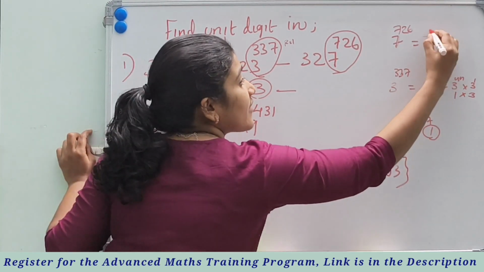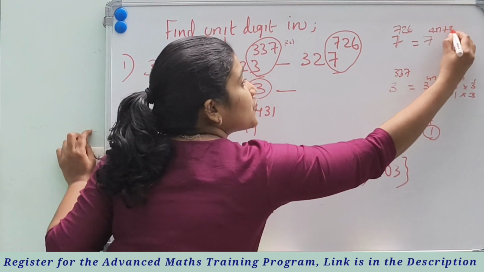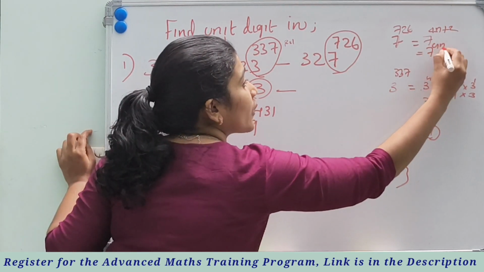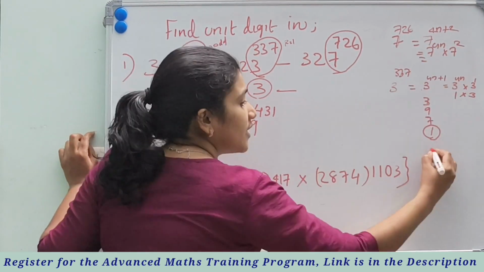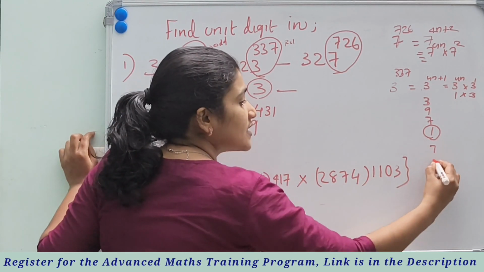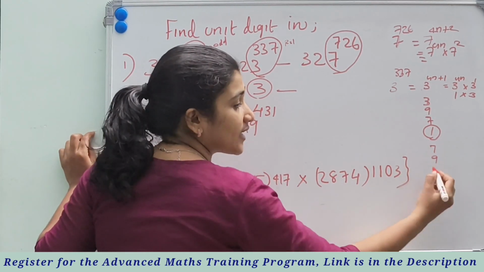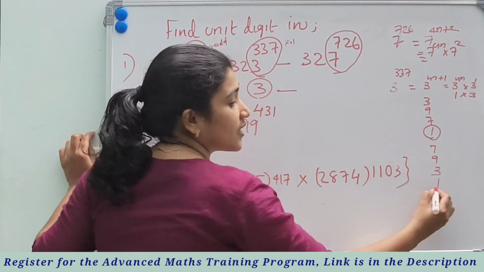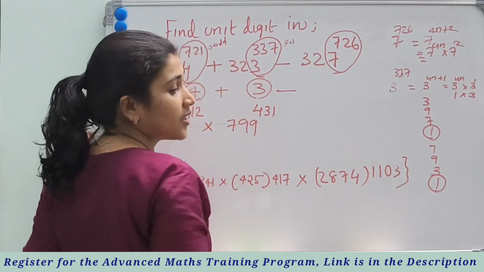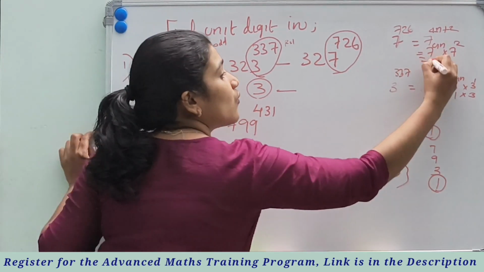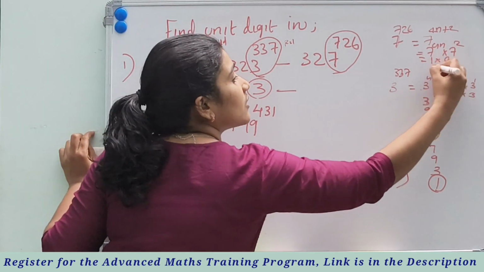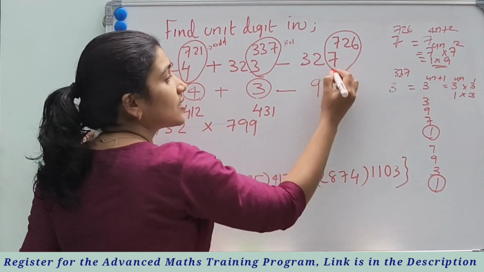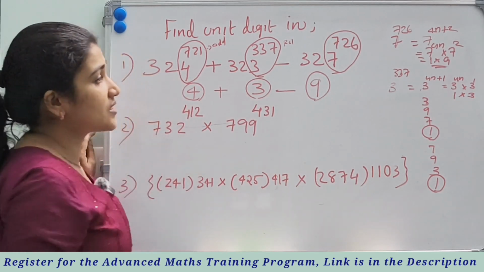So I can write it as 7 raised to 4n plus 2, which means 7 raised to 4n into 7 square. In 7 raised to 1 it is 7, 7 square it is 49, 9 into 7 is 63, 3 into 7 is 21. Again in 7 raised to 4n, the unit digit is 1. So 1 into 9. 9 is the unit digit in 7 raised to 726.